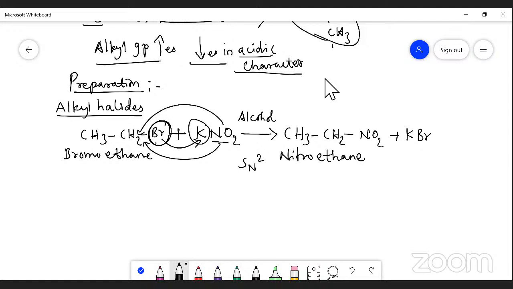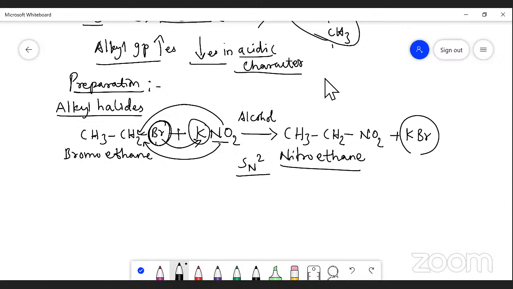So from alkyl halide, we prepare a nitroalkane. If bromoethane reacts with alcoholic potassium nitrite, a bimolecular nucleophilic substitution takes place, and we get nitroethane as the product, and the additional product is potassium bromide.